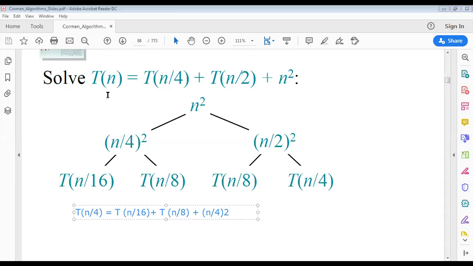So if we put n by 2, the result will be T of n by 2 is equal to T of n by 8, because if we put n by 2, then it will be n by 8, and here if we put n by 2, then it will be n by 4.